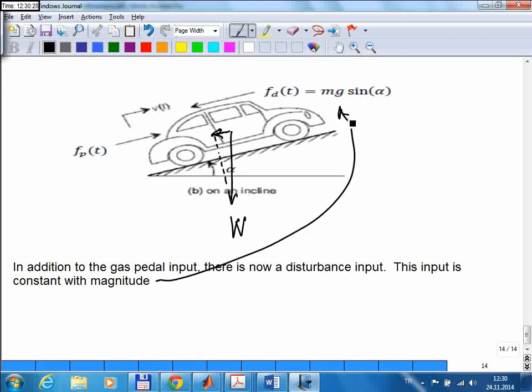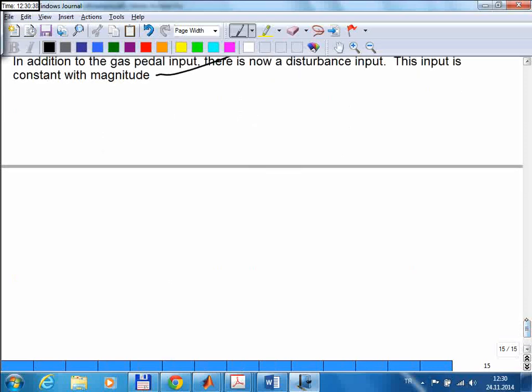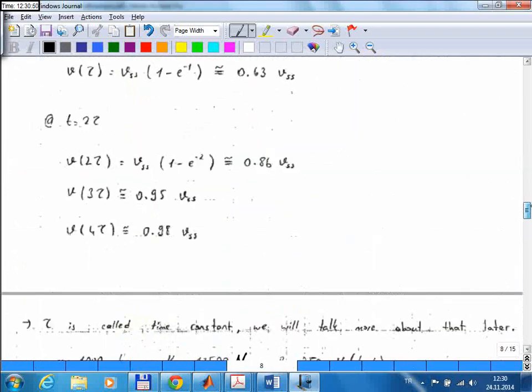Okay, so that's the magnitude. So how do you find the speed of the car? I need to go back to this transfer function, the transfer function matrix.